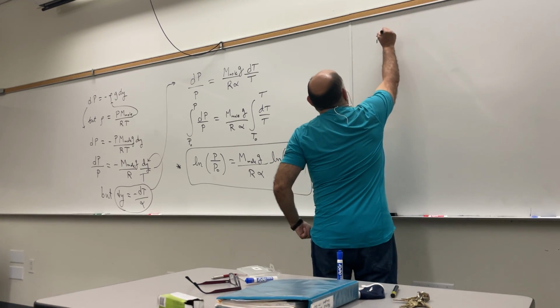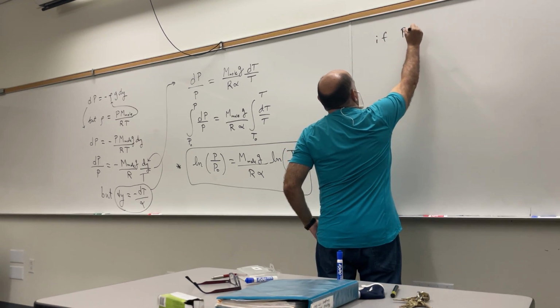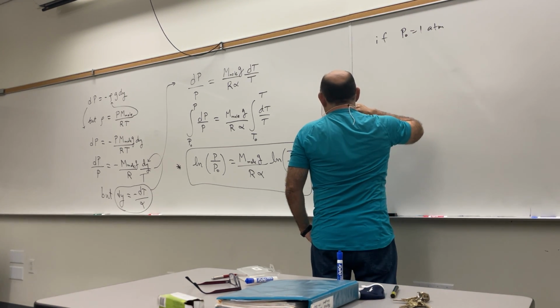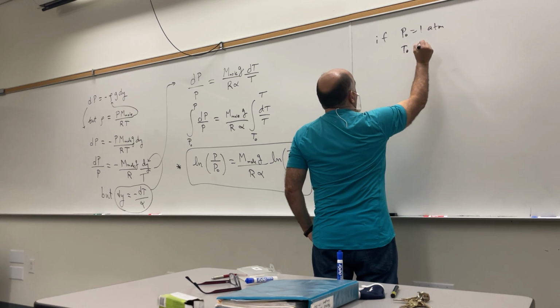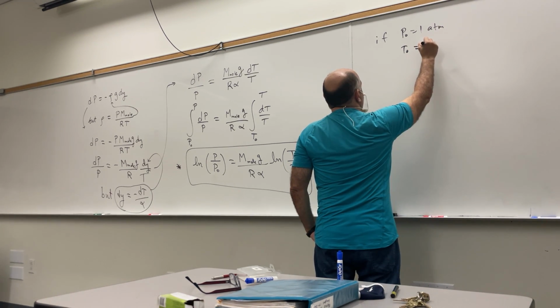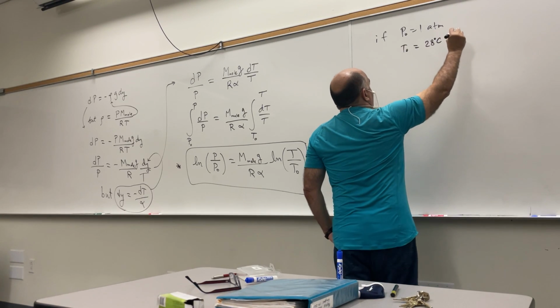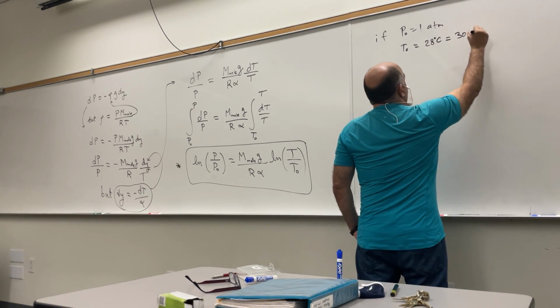So, if the pressure at sea level is 1 atm, and the temperature is like today, let's say 28 degrees Celsius, that would be 301 Kelvin, right?